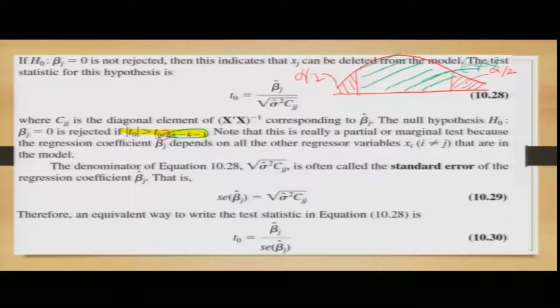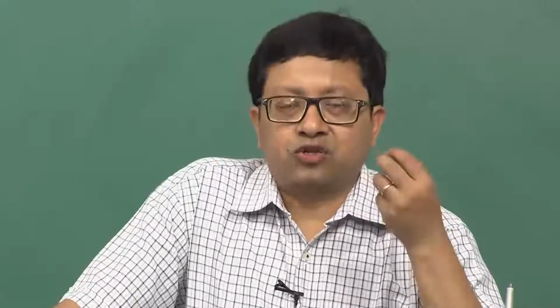Note that this is really a partial and marginal test, because the regression coefficient beta j depends on all the other regression coefficients, beta naught, beta 1, beta 2, beta 3 till beta j minus 1, then beta j plus 1, beta j plus 2, and so on till beta k. I should say they depend on the x values: x 1 to x j minus 1, then x j plus 1 till, for example, x k.